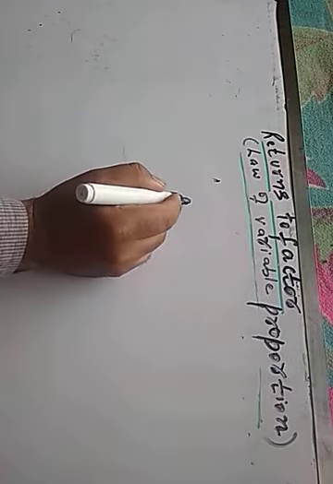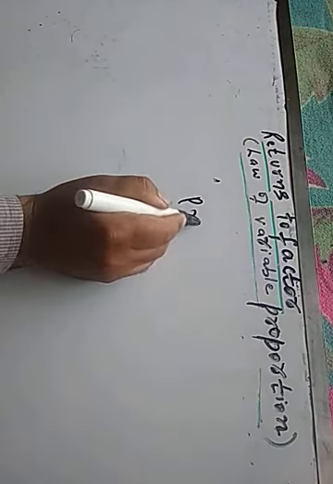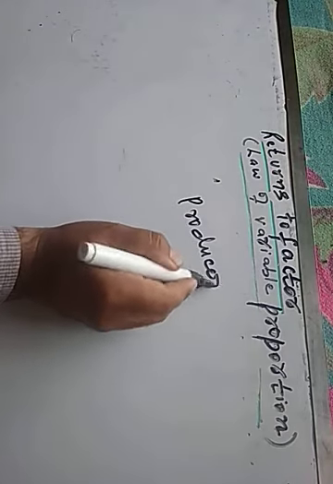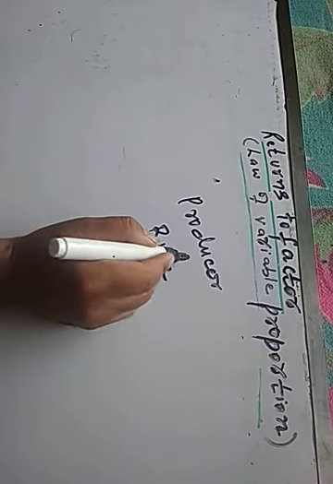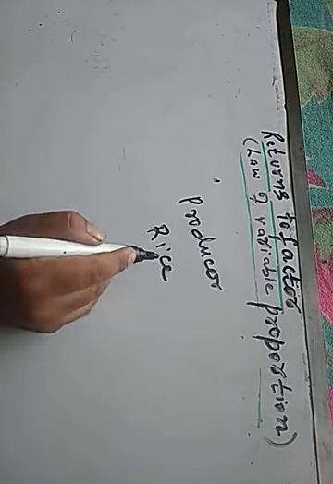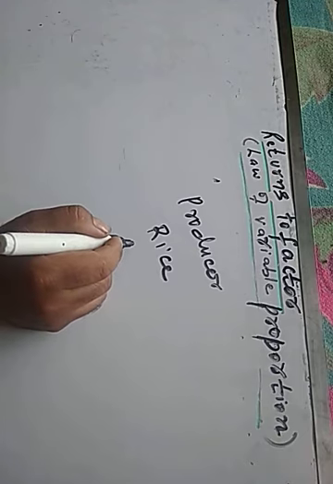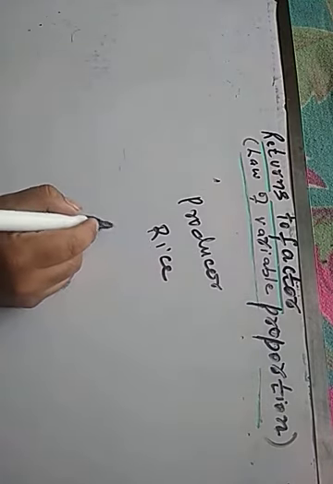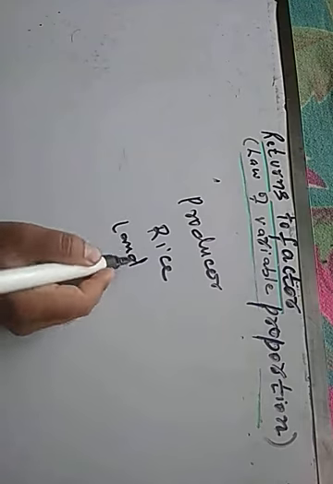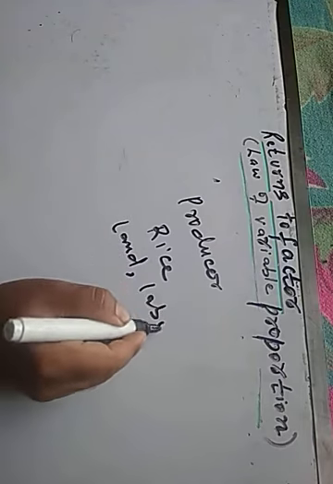For example, a farmer who produces rice needs factors of production, inputs of production such as land, labor, capital, raw material, etc. We will take the factors of production land and labor to show the law of variable proportion.